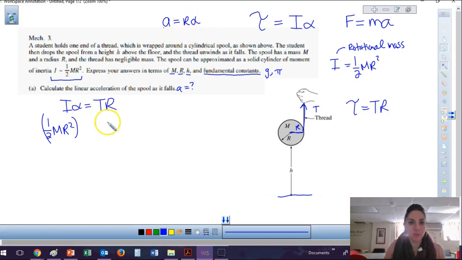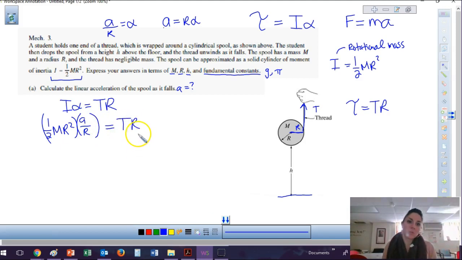I'm sorry, I want to substitute alpha with a over R. So a over R, that's for alpha, equals TR. Cool. So far so good, in that we now have alpha as part of our problem.